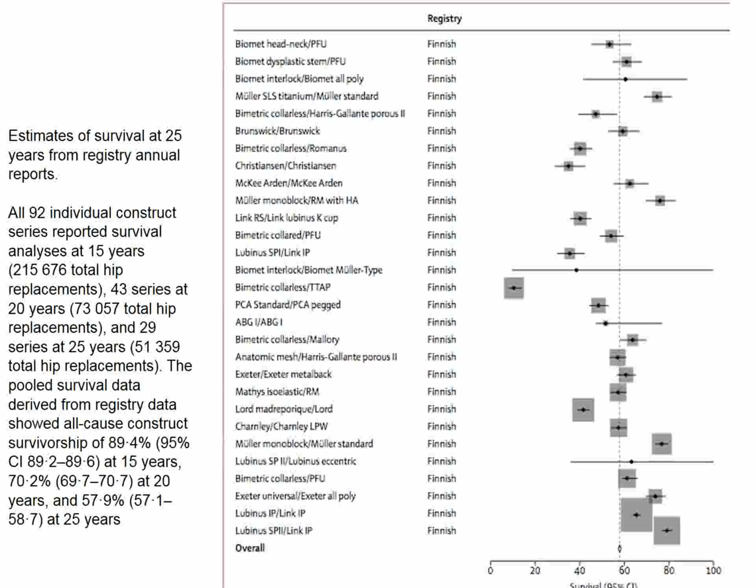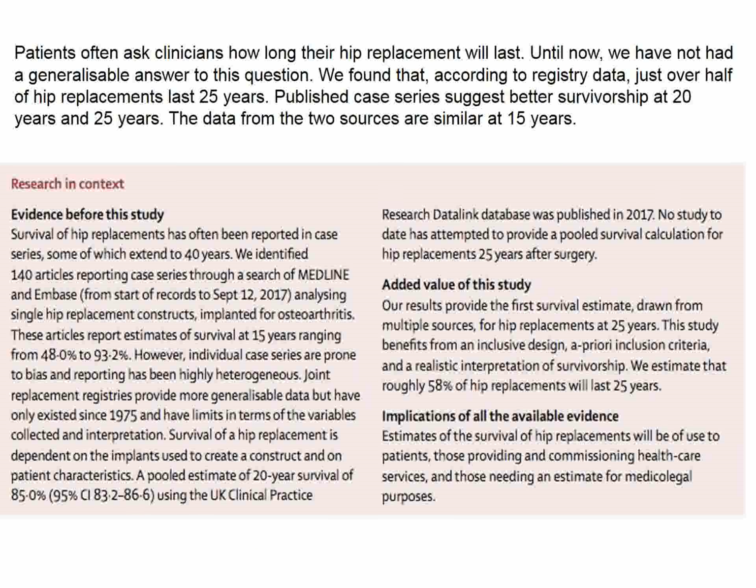And a lot of these results are based on a Finnish registry, and we can look at the various replacements that are done here, and I can't really tell what's better, but experts can pick out the hip replacement that seems to give the best result based on this table, although new devices are being produced all the time. So in context here, we can tell the patients that they probably have a 60% chance that this hip will still be working in 25 years.